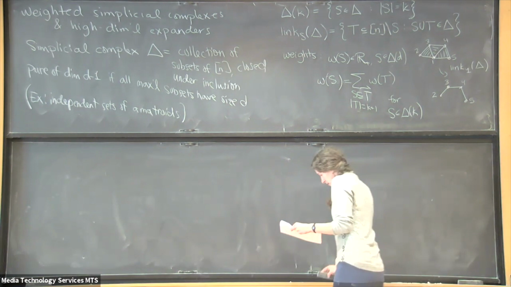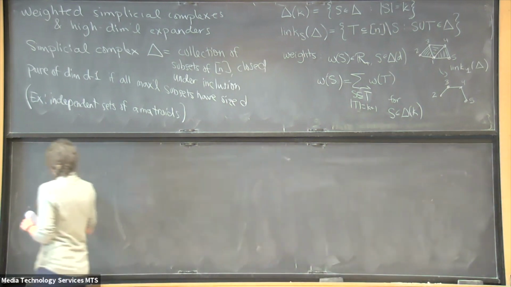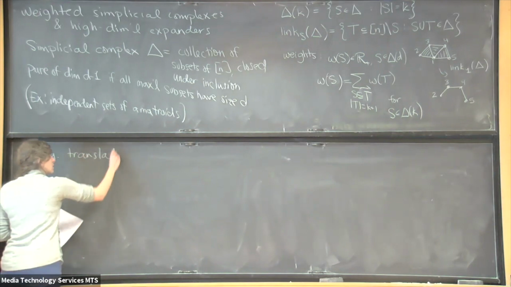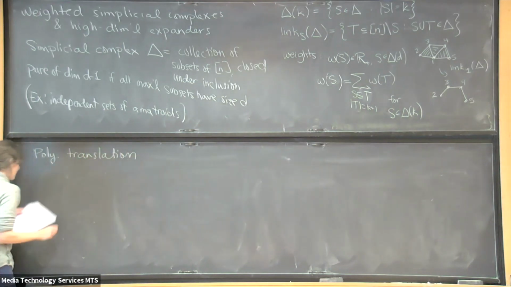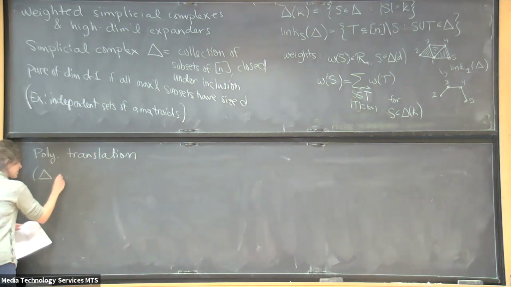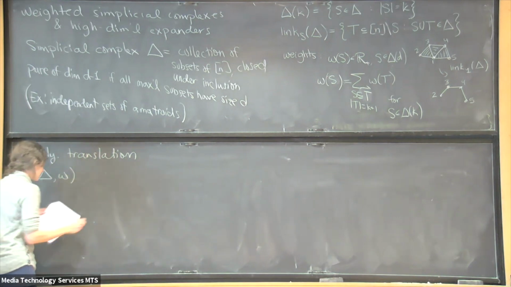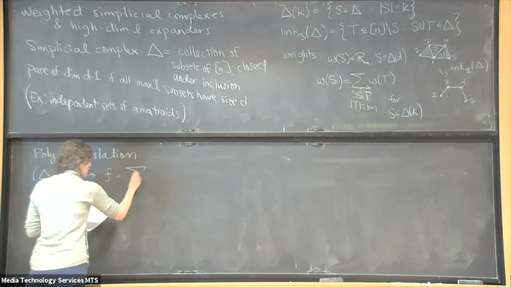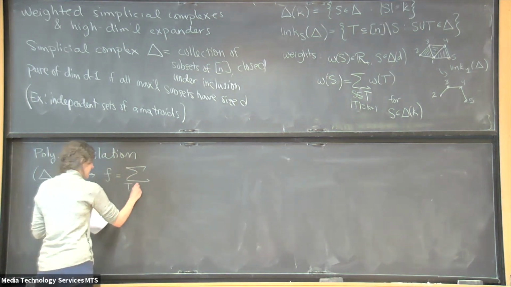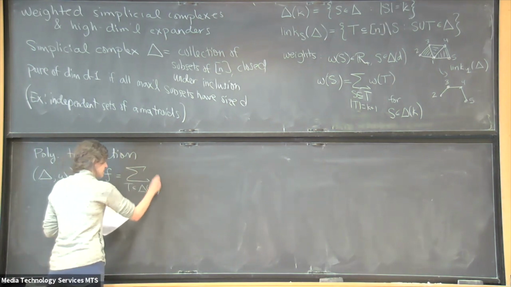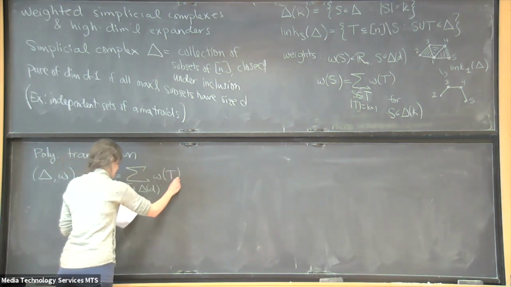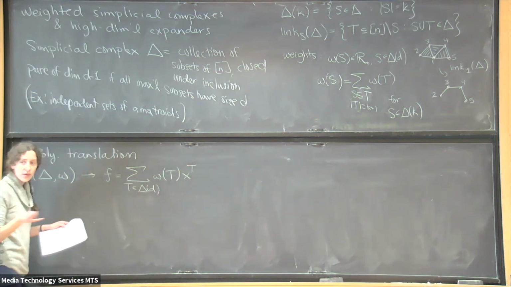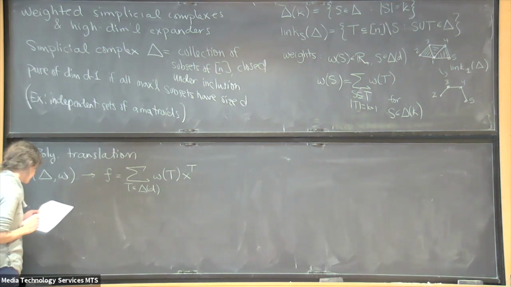And just as a quick note for the polynomial translation, if I have a simplicial complex with such weights, then I'm going to associate to it a generating polynomial, summing over all of the maximal faces, the weight associated to that face, along with the square-free monomial indexing that face.